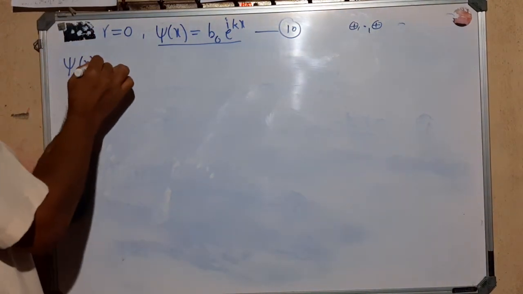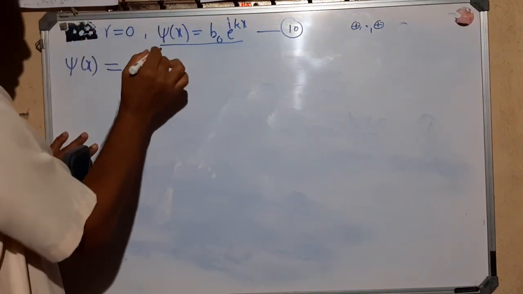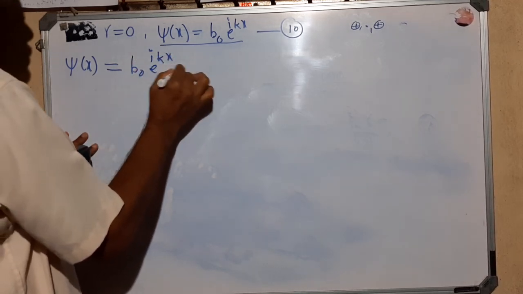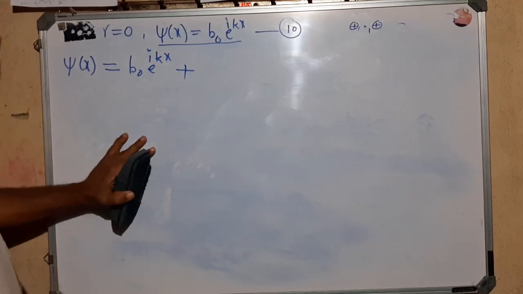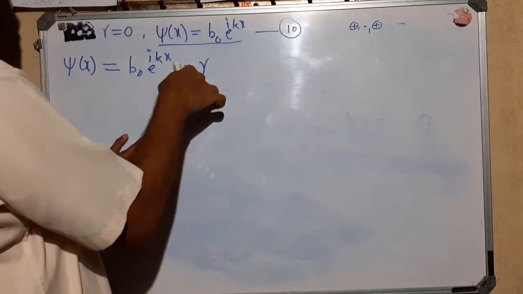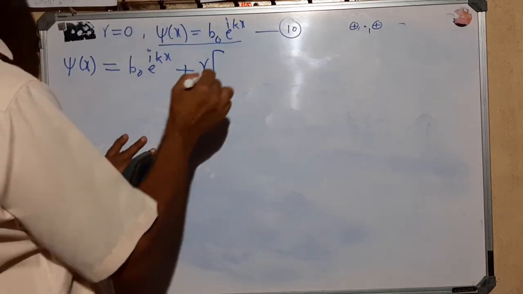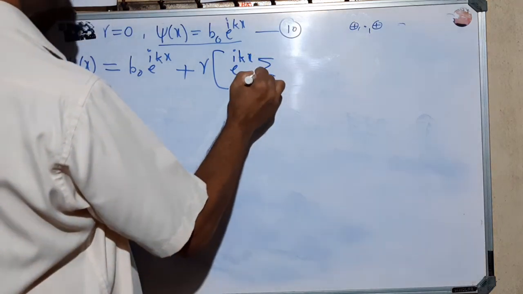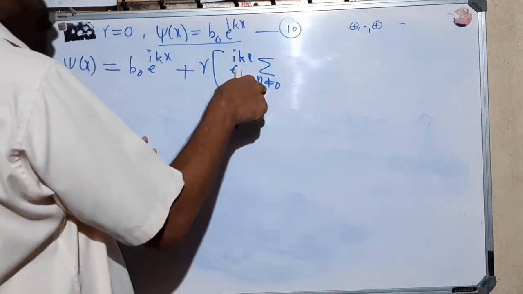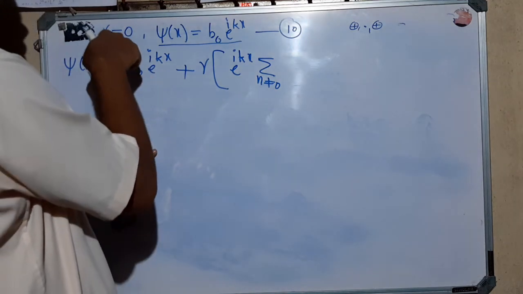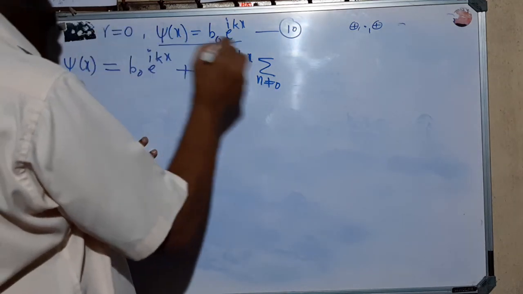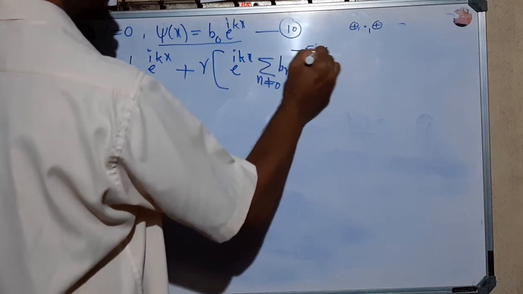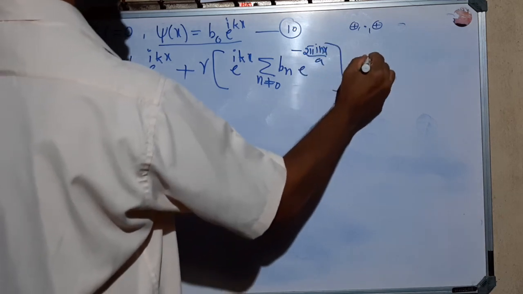Therefore, the total wave function is equal to the free particle effect b naught into e to the power ikx plus you have to consider the perturbation effect: gamma, the perturbation factor, into the Bloch factor e to the power ikx into sigma n not equal to 0. For n equal to 0, we have indicated here; n equal to 0 means gamma is 0. Bn into e to the power minus 2 pi inx by a. This is equation number 11.